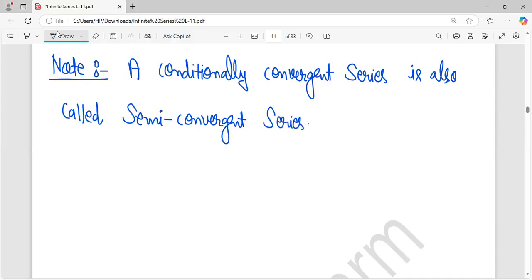A conditionally convergent series is also known as a semi-convergent series. In some books you find semi-convergent series written in place of conditionally convergent.